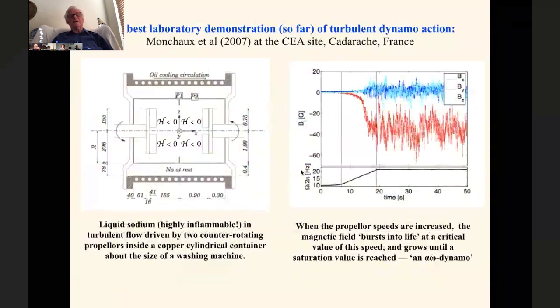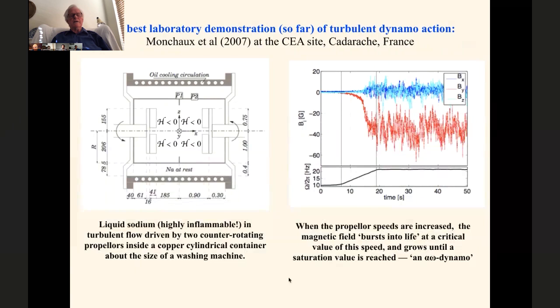This dynamo effect has been realized experimentally in Cadarache, the site of the Centre Énergie Atomique in France, in what's often described as the washing machine: two counter-rotating propellers in a large container of liquid sodium, highly conducting, and highly inflammable.